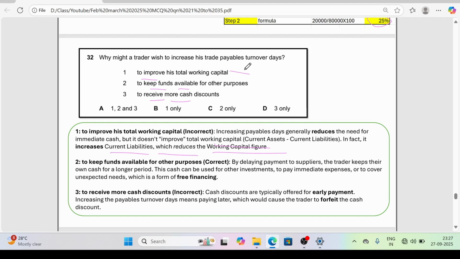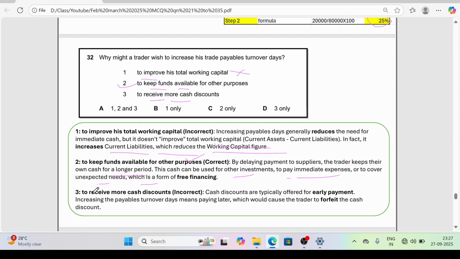So answer one is incorrect. Second one, to keep funds available for other purposes, it's correct. Reason: by delaying payment to the supplier, the trader keeps their own cash for a longer period. This cash can be used for other investment, to pay immediate expenses, or to cover unexpected needs, which is a form of pre-financing. So this answer is the right one.